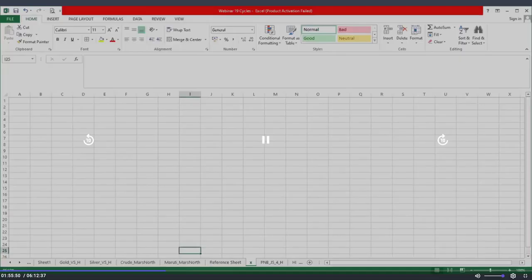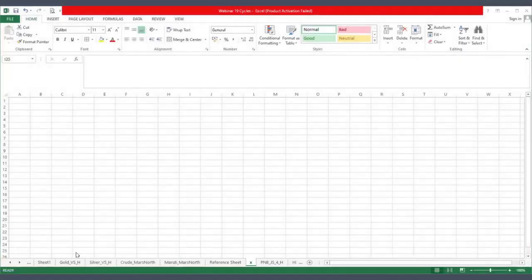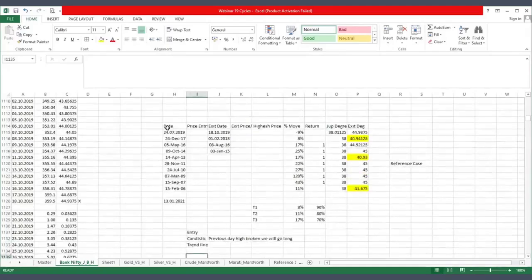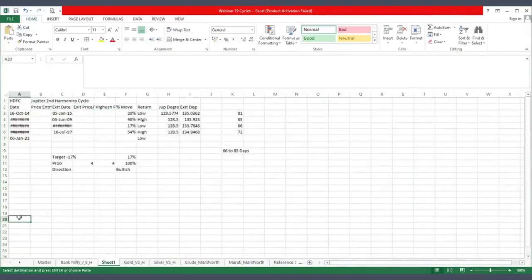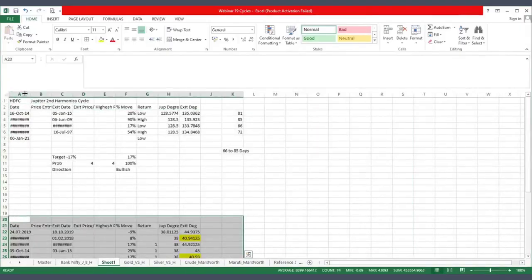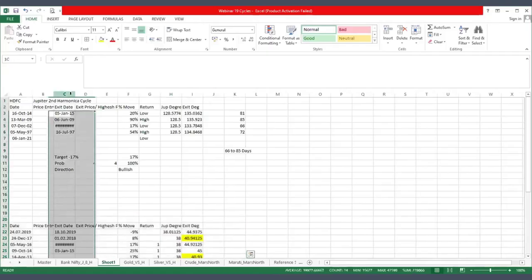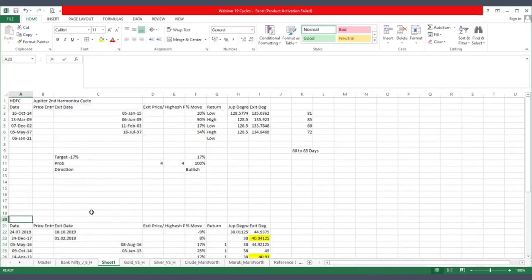So now what we will do is, first thing is that I will take that Bank Nifty cycle and place it to our proper space, sheet 1. Bank Nifty.